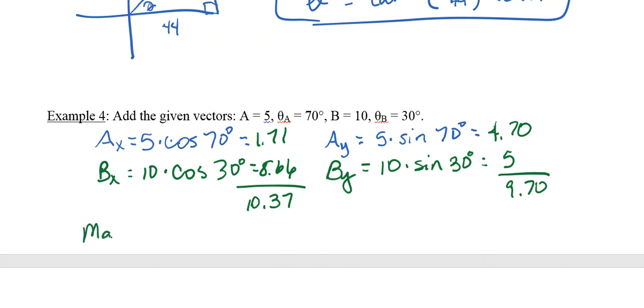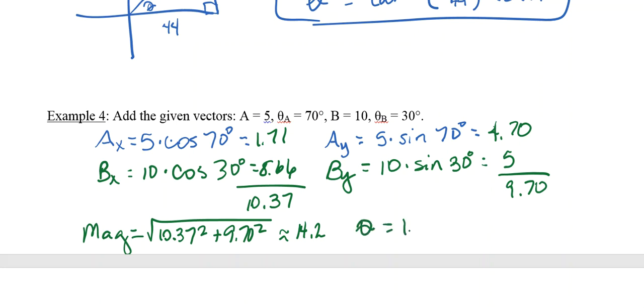So to find the magnitude, square root of 10.37 squared plus 9.7 squared. Square root that. So we have approximately 14.2.